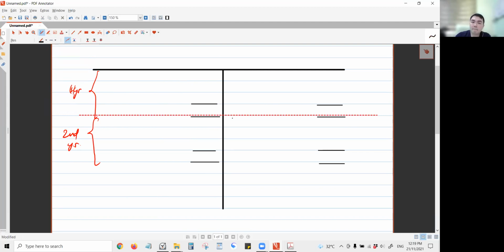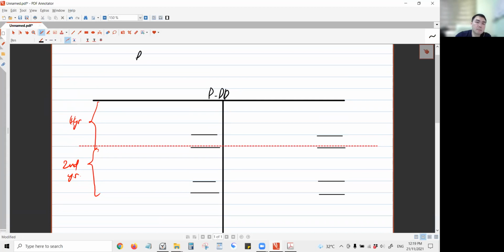And let's say our accounting period year end is December 31st. And then this is maybe 2020. And then this is the beginning of the first year. For the second year, January 1st, 2021. Year end of the second year, 2021, December 31st. So this is the second year, right?